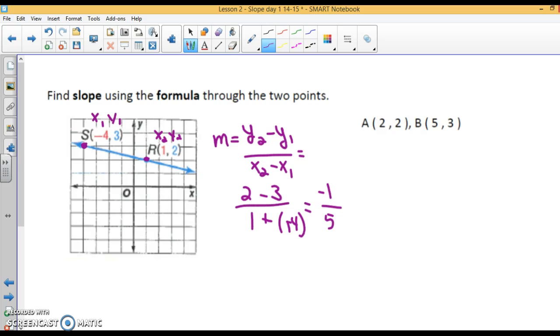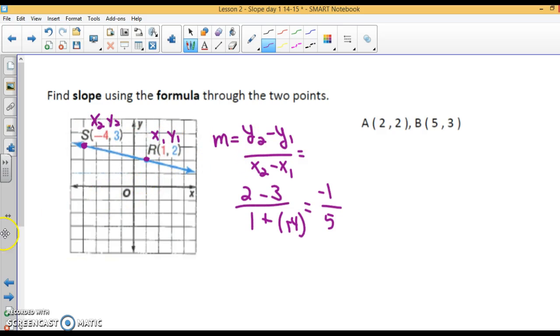Now, that's using our slope formula. But what if I change this? What if I said this was x sub 1 and y sub 1, and this is x sub 2 and y sub 2? You could call this the first point and second point. Let's substitute this into the formula.